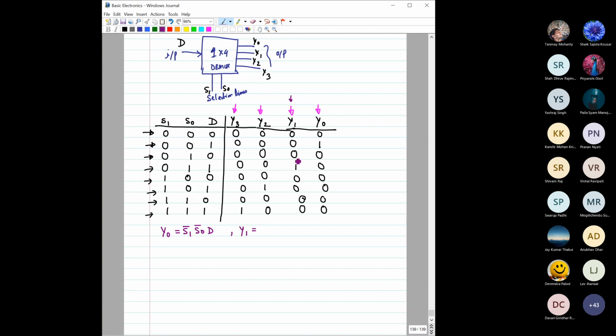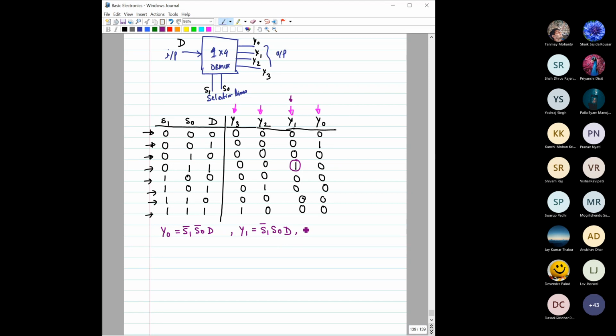For Y1, we have to see which data is 1, so we take this combination. S1 is 0, so it will become S1 bar. Then S0 is 1, so it will become S0. And then here D is 1, so D will be equal to 1.